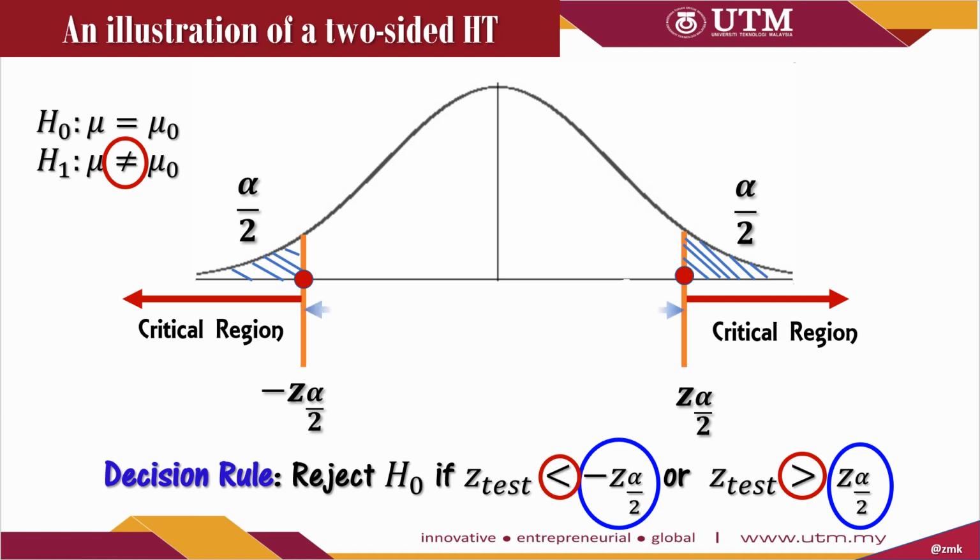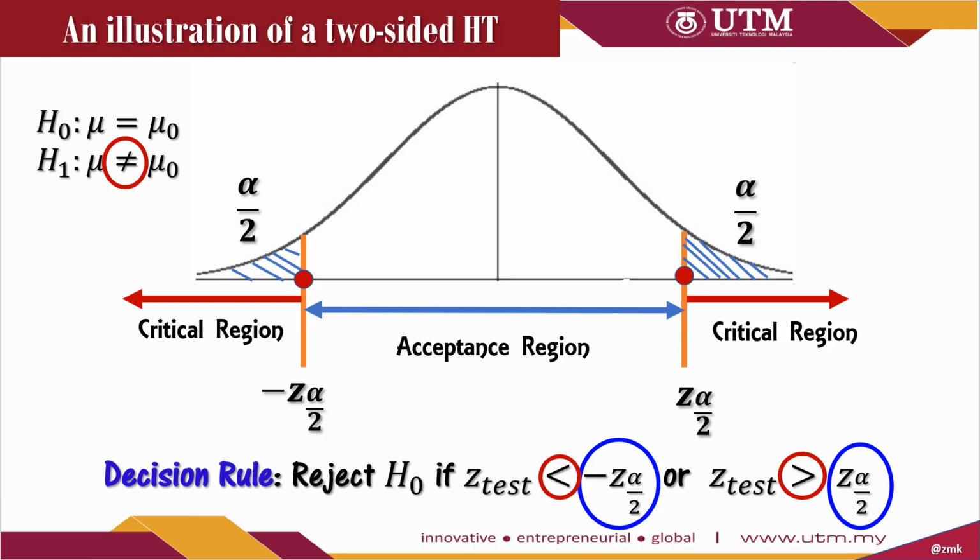The Z values in the middle between negative Z alpha over 2 and positive Z alpha over 2 are what we call the acceptance region. Just to note that you must calculate Z test first based on sample data and observe where the Z test value will fall into before you make a decision to accept or reject H0.